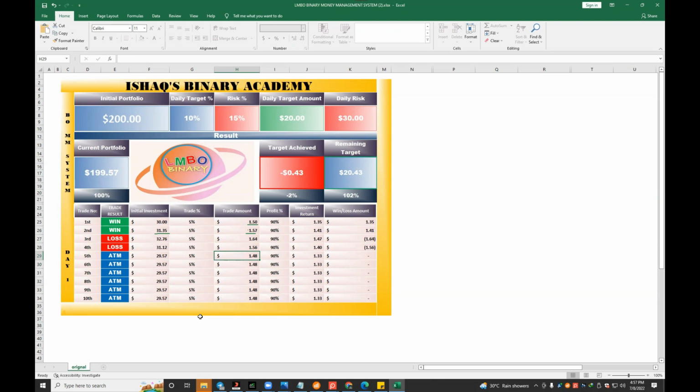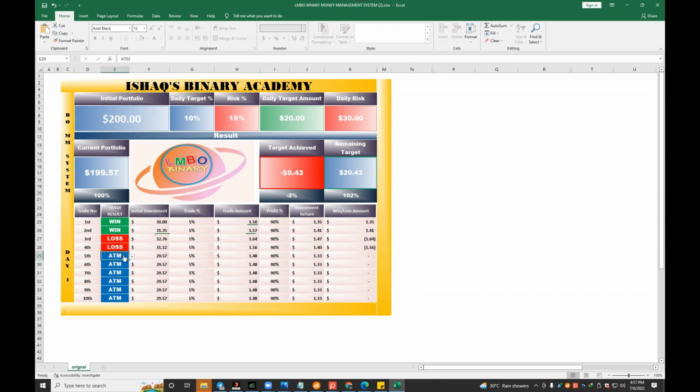But in this money management system, this money management works on your emotions. When you are losing, the betting amount will decrease. When you are winning, it means your performance has become good, so the amount for your next trade will be greater than the previous amount.